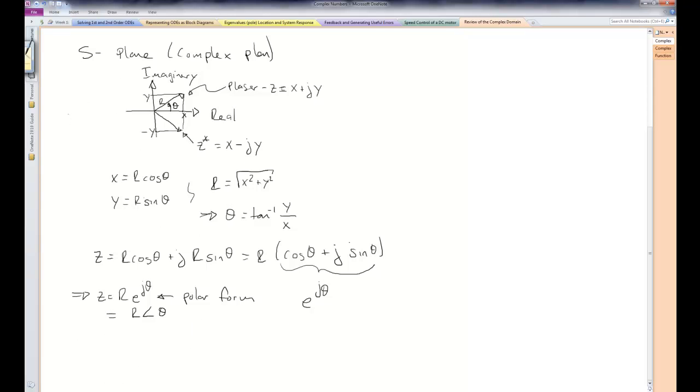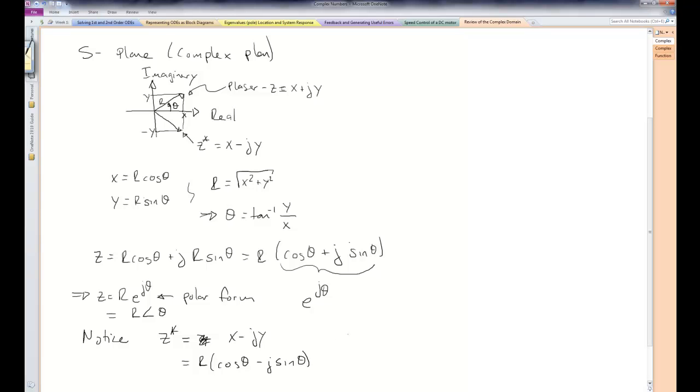One thing to notice, looking at polar form, is the conjugate of z. If I look at z star, that's going to be x minus jy, and if we go back and use this trigonometric relationship for x, r, and theta, that's just r times cosine theta minus j sine theta.